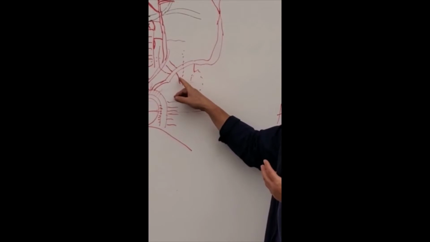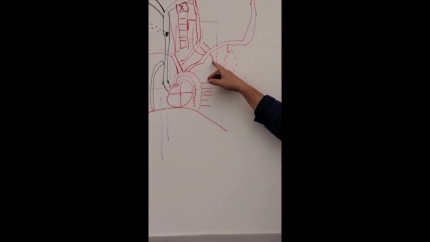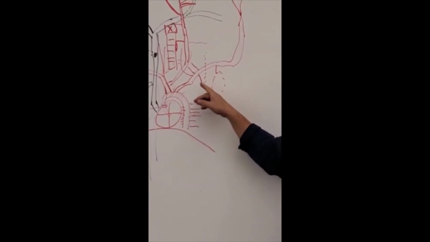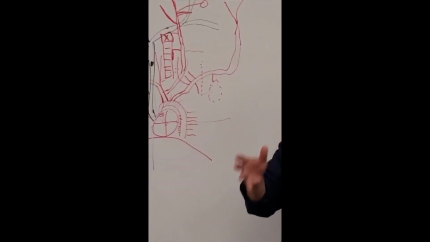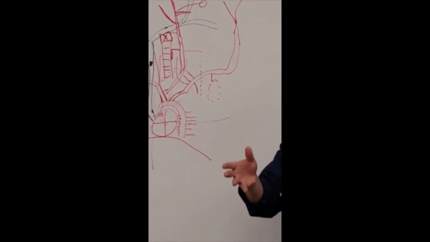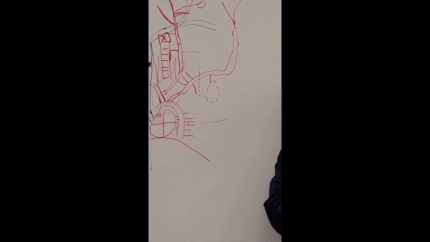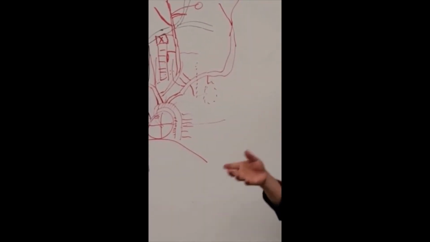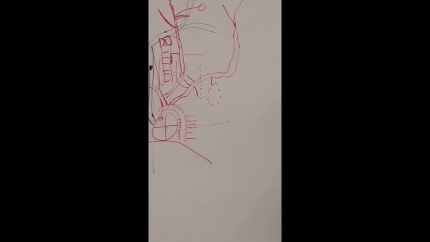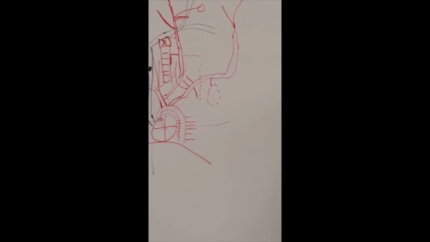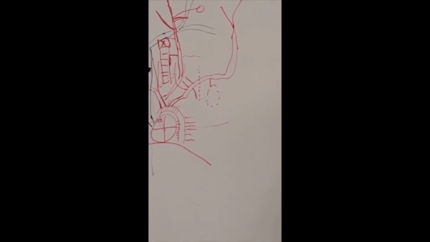Remember, I emphasized this because in humans it's very important, right? It's used for bypass surgery. Remember, I told you, surgeons call this LIMA or LITA. LIMA comes from the left internal mammary artery.